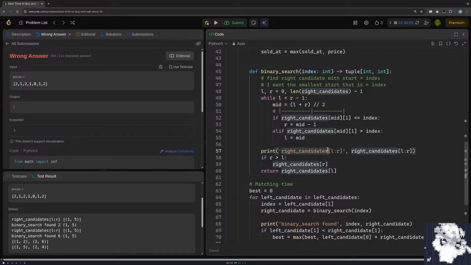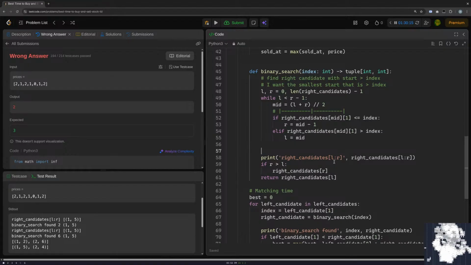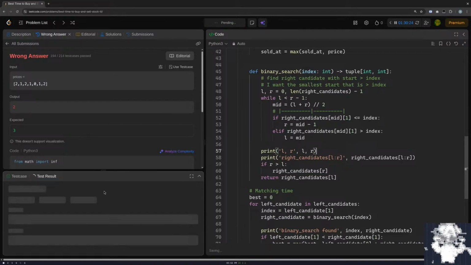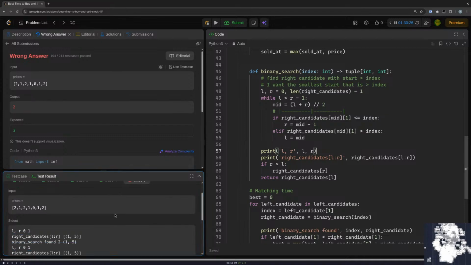Oh, wait. If I'm slicing L to R, maybe print L and R. Maybe my slice is just weird.